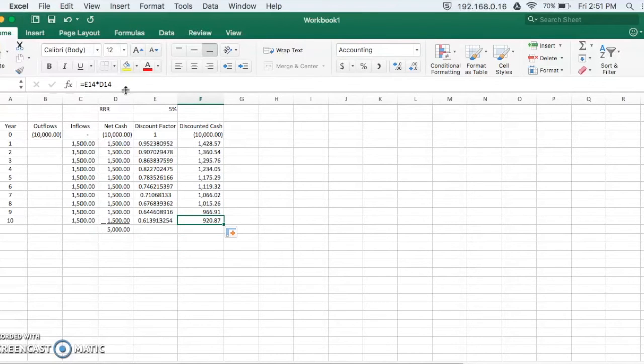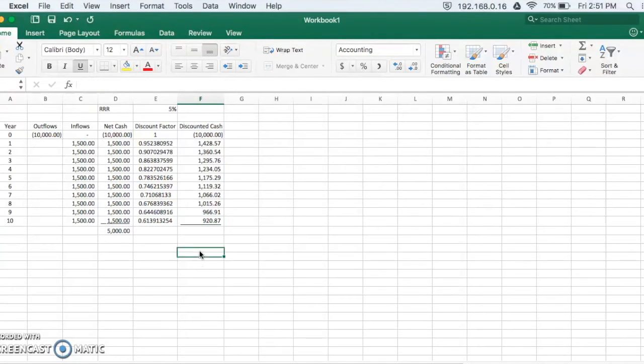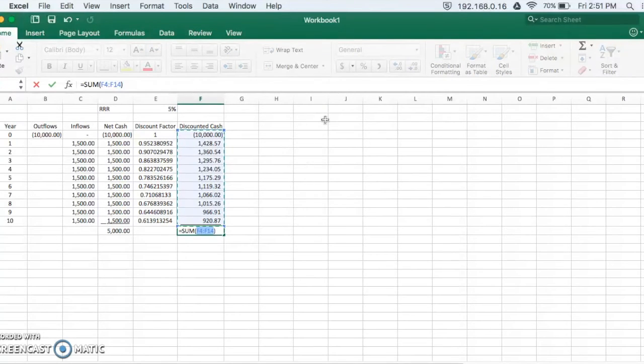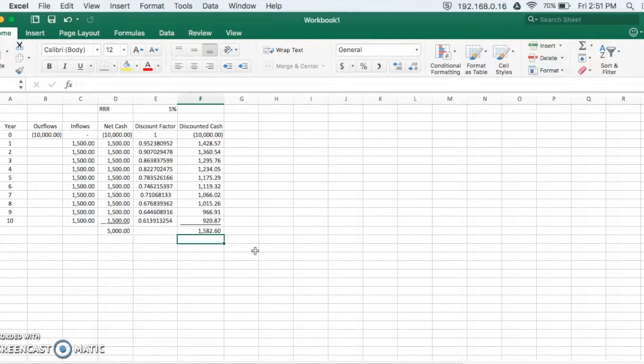And now when I sum this, all right, sum this. So this gives you a positive discounted cash flow of $1,582.60. Now, just so you know, this is the NPV. Okay, we calculated it manually, the NPV manually. Okay.